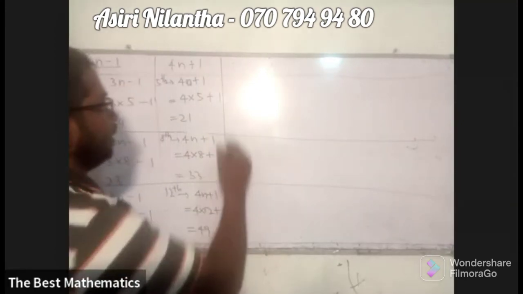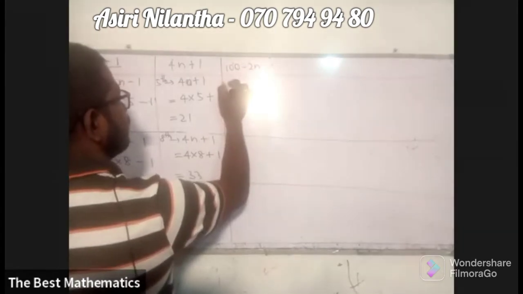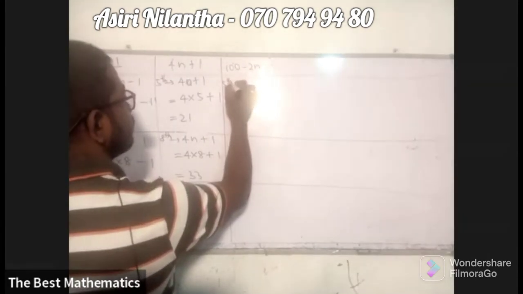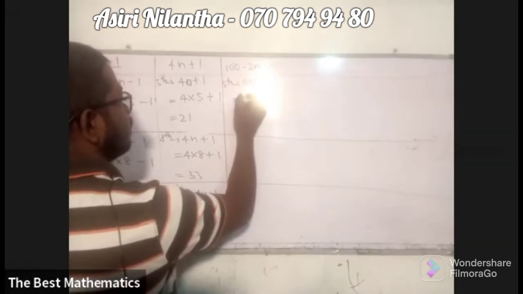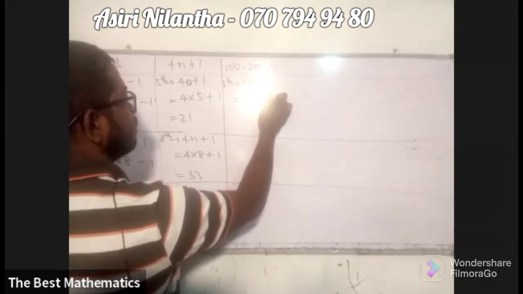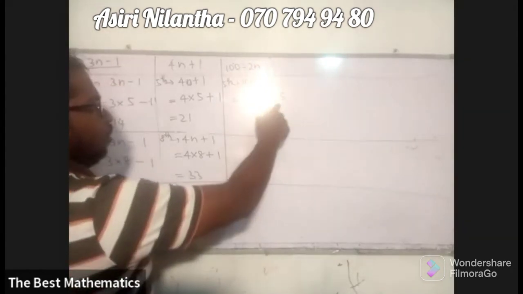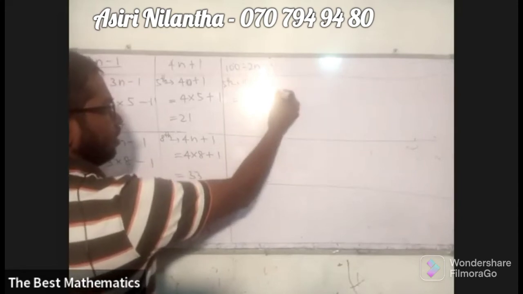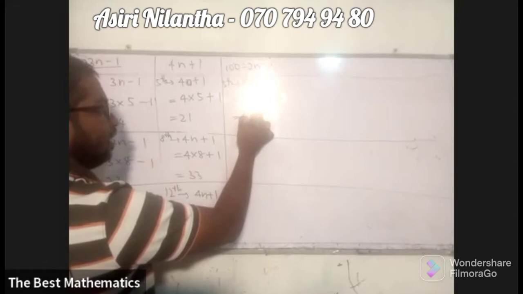Third is 100 minus 2n. Fifth term: 100 minus 2 times n, where n is 5. 2 times 5 is 10. 100 minus 10 is 90.